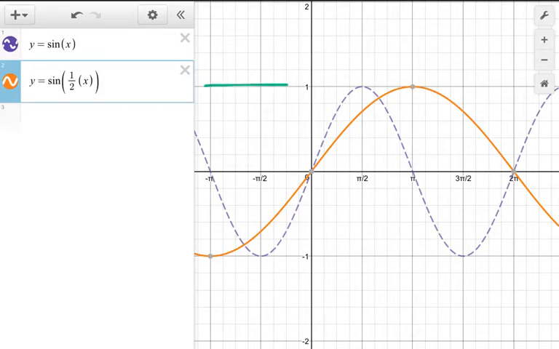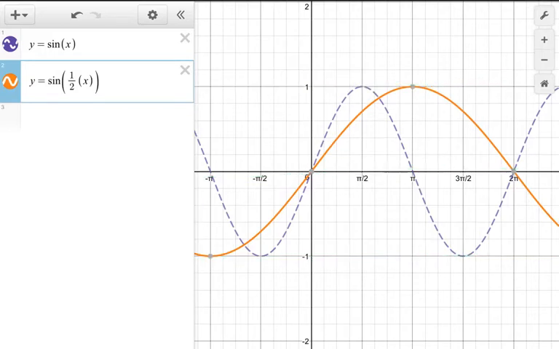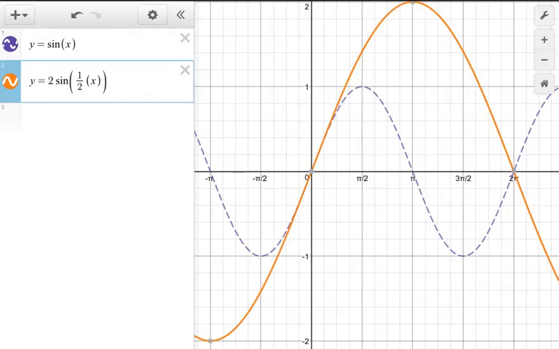Again, I just want to point out that maximum, midline, and minimum y values are staying exactly the same. The only thing that's happening now is that our function is being stretched out horizontally. So now we only get through half of a cycle between 0 and 2 pi radians. I can combine those two transformations.